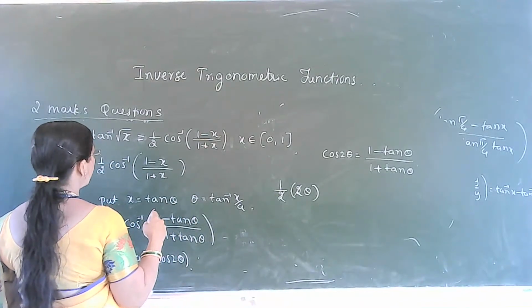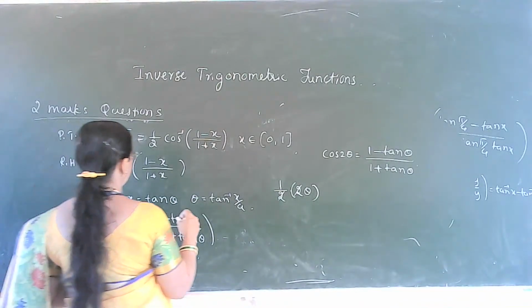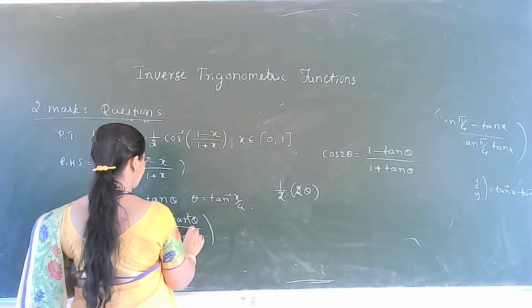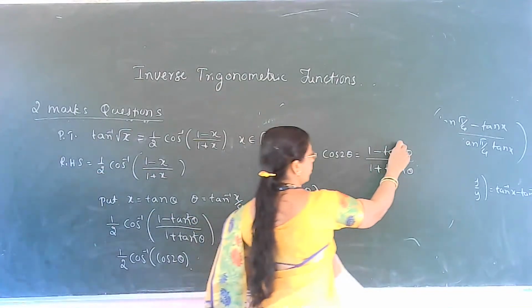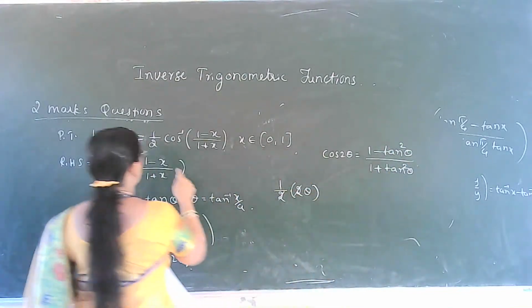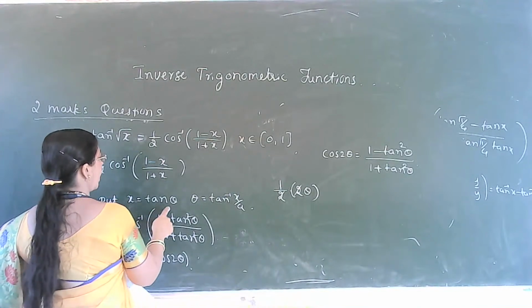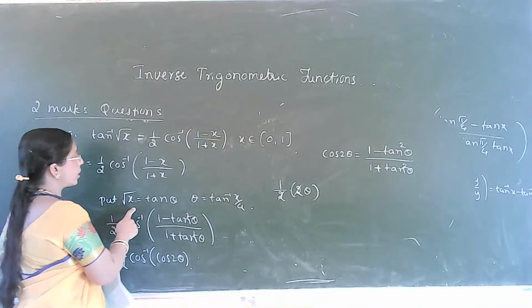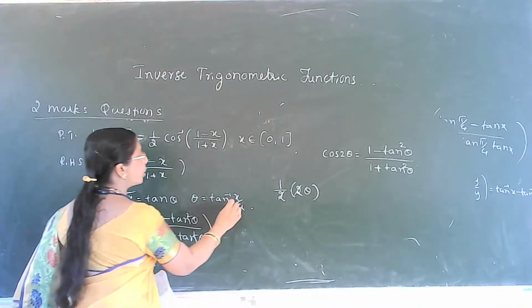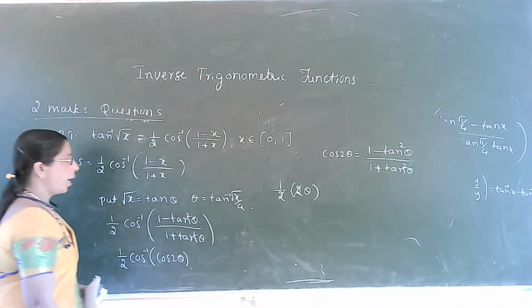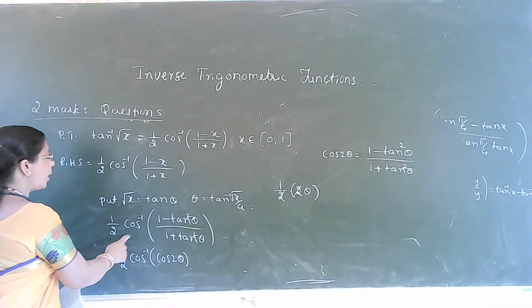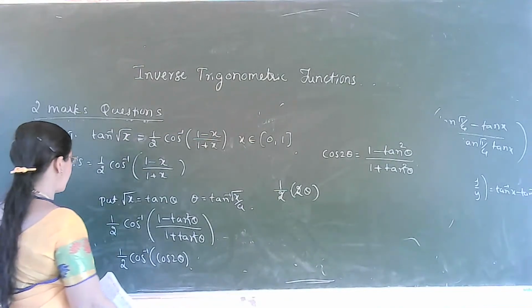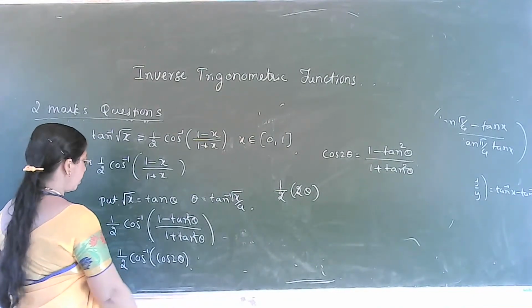Here root x is given. Put root x equal to tan theta, therefore x equal to tan square theta. Therefore 1 by 2 cos inverse of (1 minus tan square theta) divided by (1 plus tan square theta).